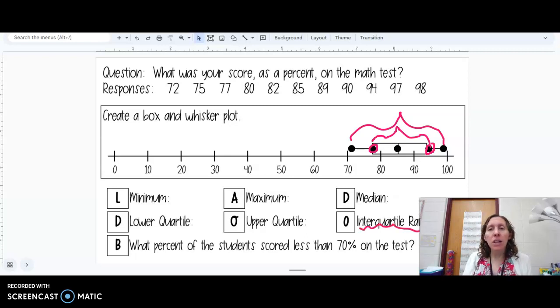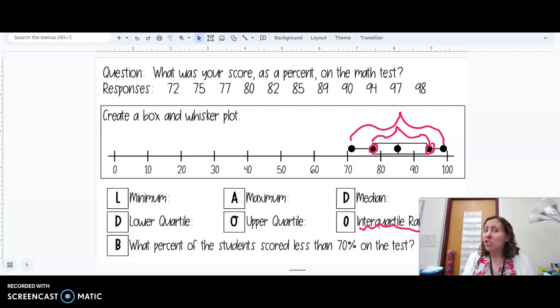So the interquartile range, we would have to do 94 minus 77. And if you didn't have a calculator, what I would do is count up. From 77 to get to 80, we'd add on 3. To get from 80 to 90, we'd add on 10. And to get from 90 to 94, we'd add on 4 more. So if we combine all of that, it would be 17.